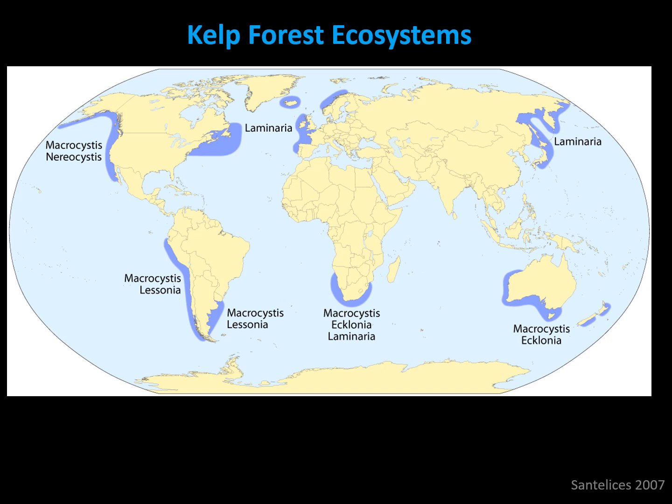Certain records indicate that they have grown as tall as 30 to 50 meters. 30 to 50 meters, not feet, meters. But on average, it could be much smaller than that. The 30 to 50 meters is an exceptional situation, mostly observed in the two genera that I mentioned, Macrocystis and Nereocystis.